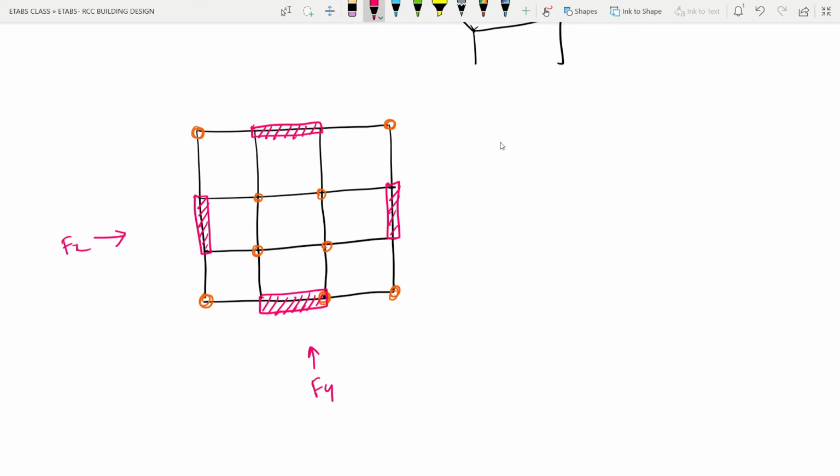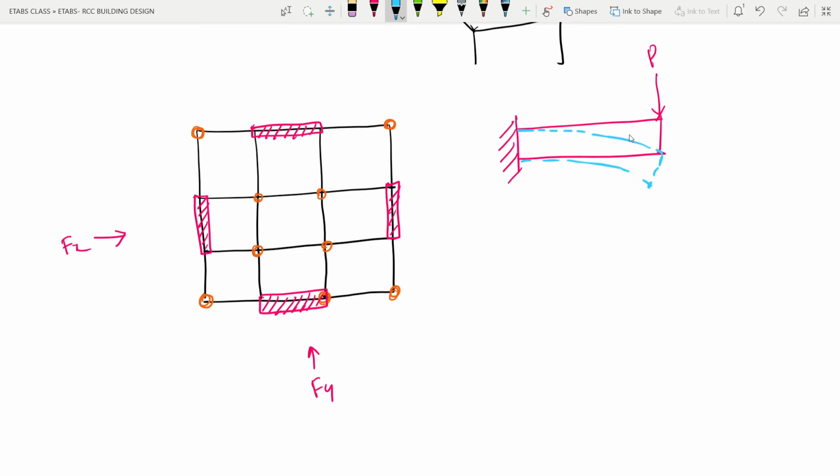What actually is a shear wall? A shear wall actually acts like a cantilever beam. Suppose this is a cantilever beam and we have a force P from this direction. So how will we get the deflection? We will get the deflection like this, right?